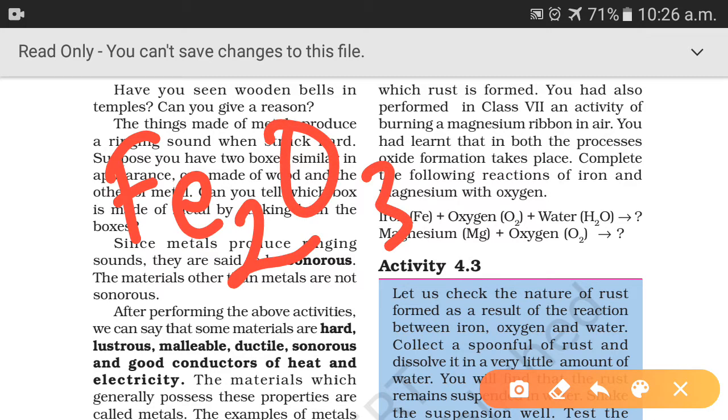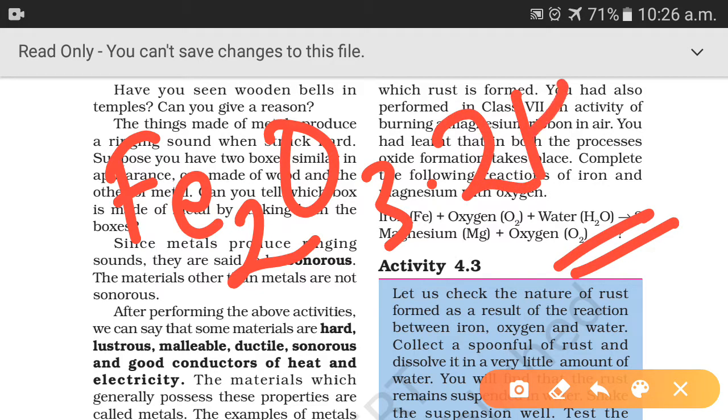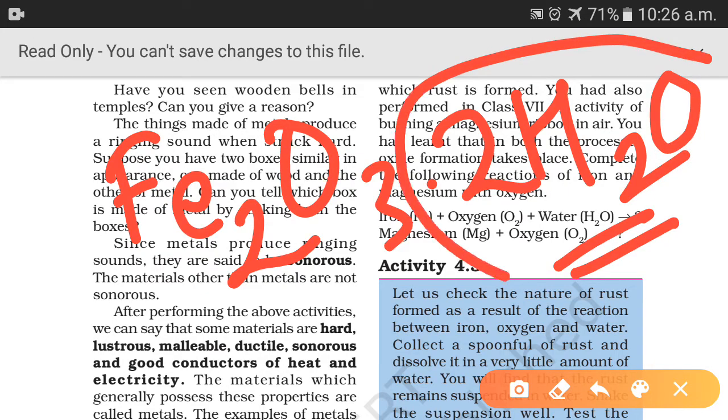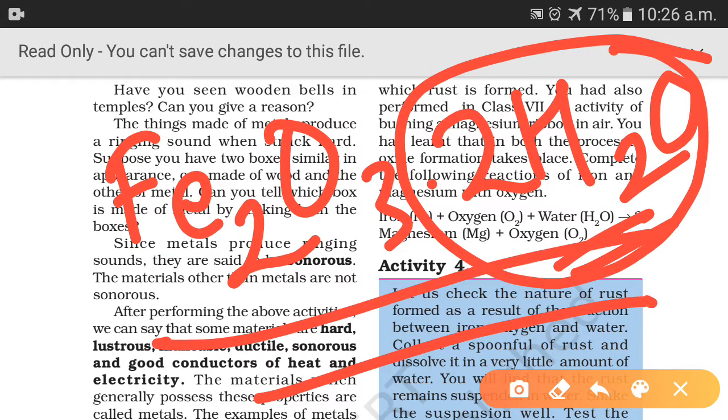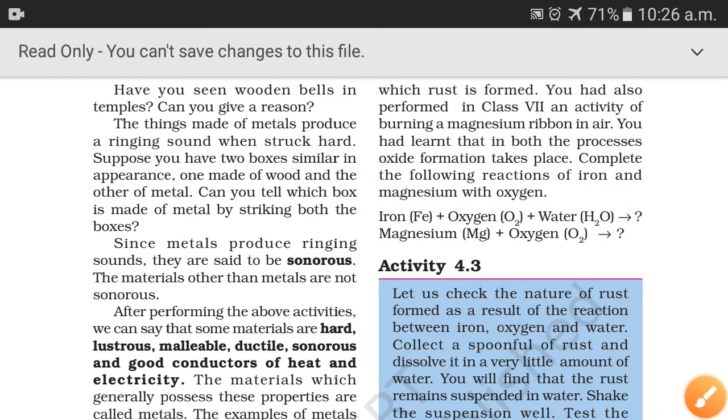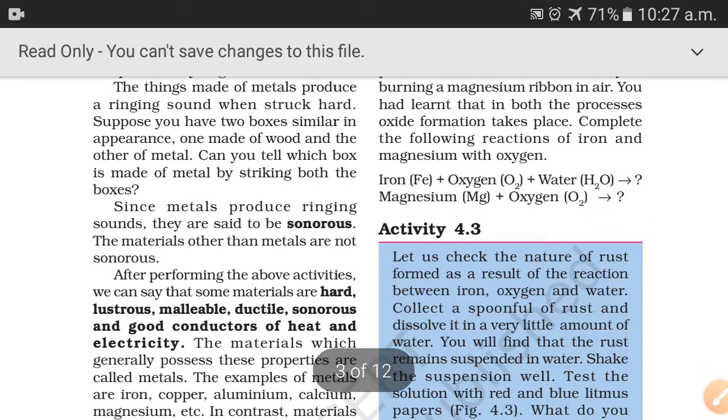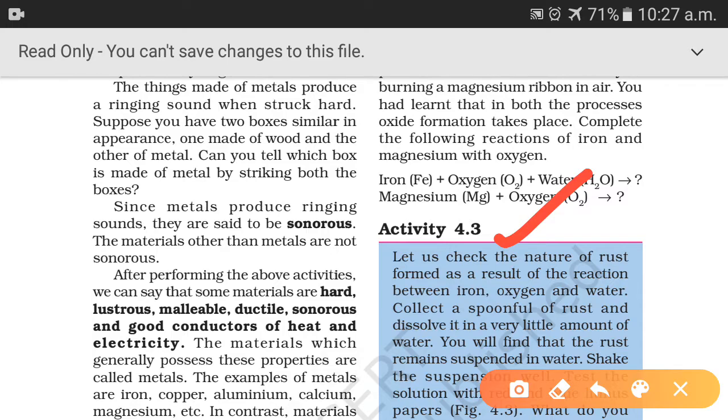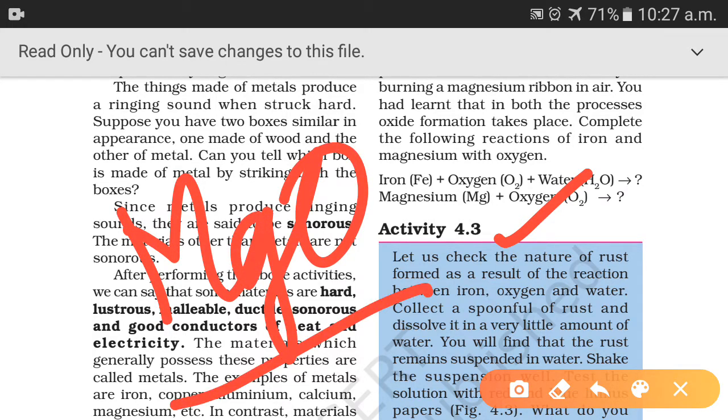And with moisture, the formula becomes Fe2O3.2H2O. This is the complete formula of rust. So normally when iron comes in contact with oxygen, it forms ferric oxide, and when magnesium ribbon is burned in the presence of oxygen, it forms magnesium oxide.